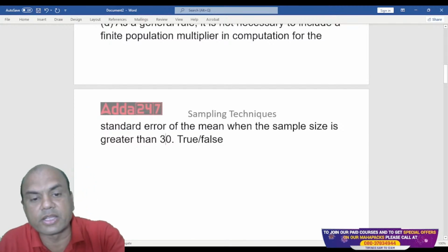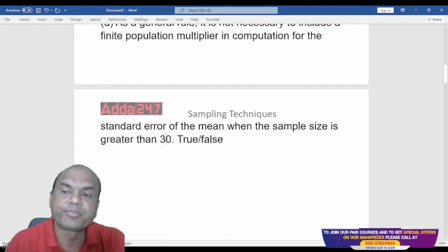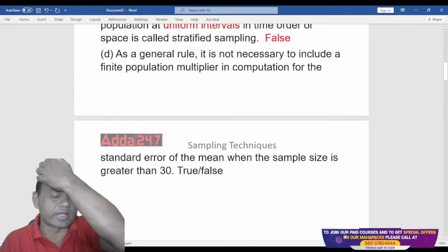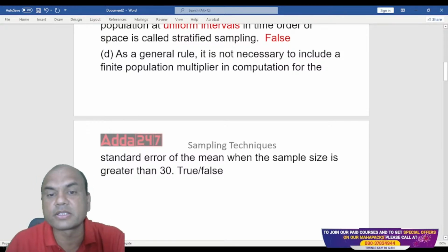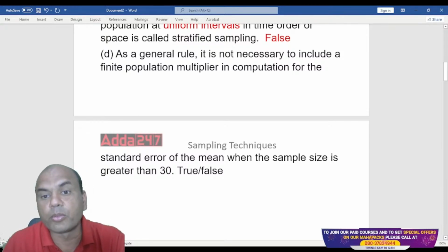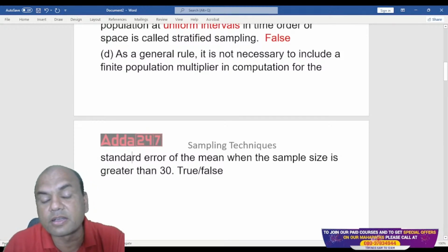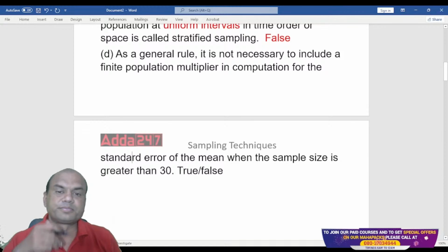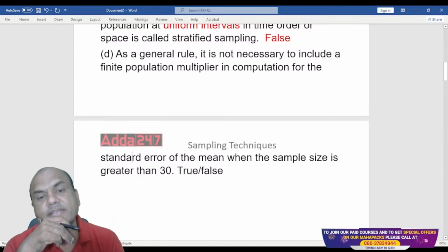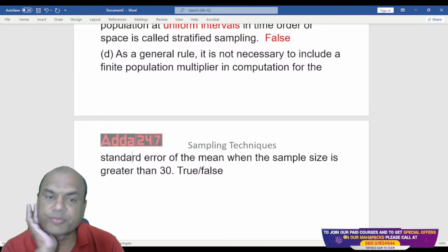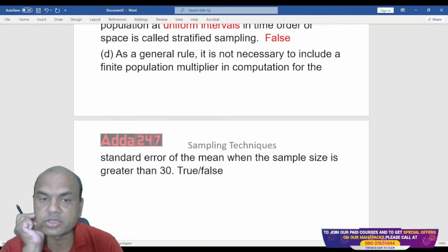Let me make it when the sample size is greater than 30. Now give me the answer. True or false? In the comment section, I want the answer from everyone. Is it true or false?